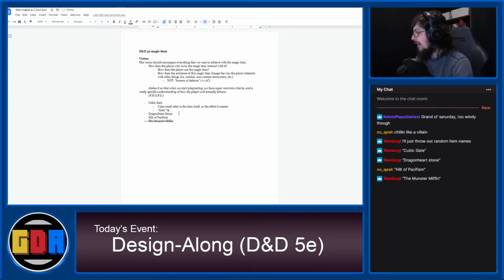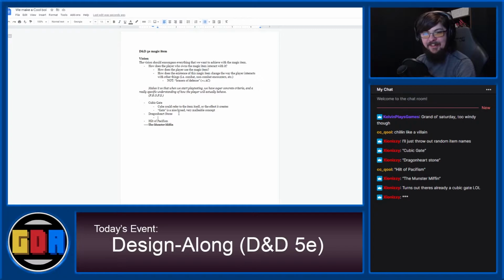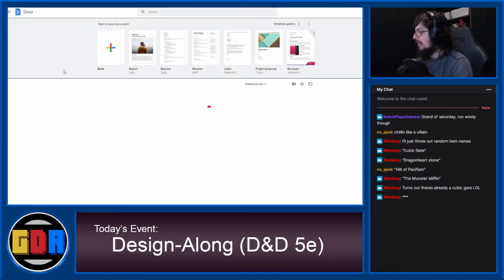Gate is a nice, broad, let's say malleable concept. Oh, well, I wouldn't be surprised if there was a Dragon Heartstone 2. That sounds like a thing that would exist.